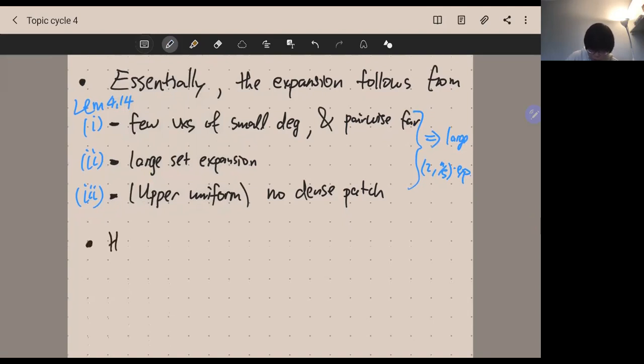So let's look at some heuristics or some intuition for how we can go about finding a large expander. Basically we want to guarantee that all sets of size up to n/5 expand by a factor of 2.